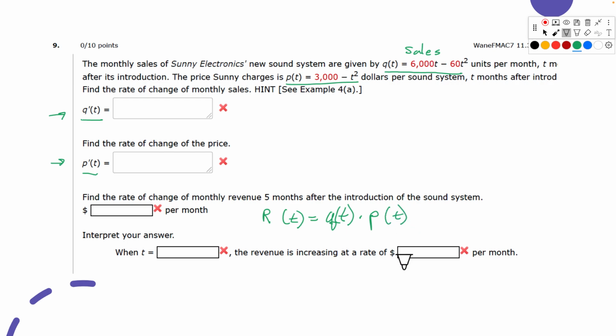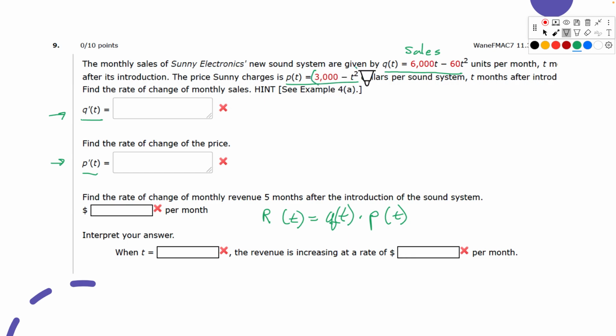And so that's where the product rule is going to come in, right? We've got two functions, one for how many we sold, the other for what price we're selling them at. And those are both changing. We're going to multiply those two together. And again, we could FOIL it out because they're not too bad.